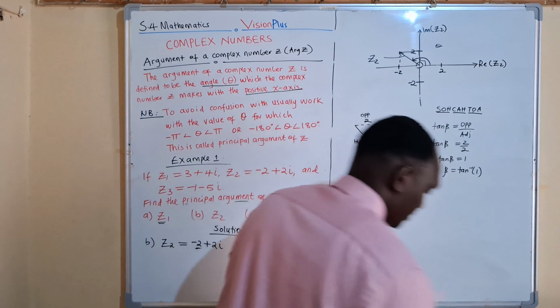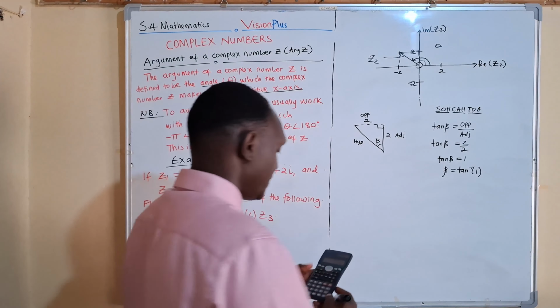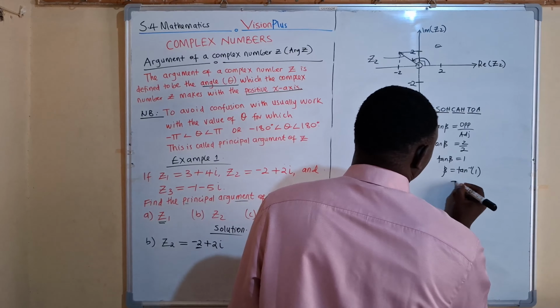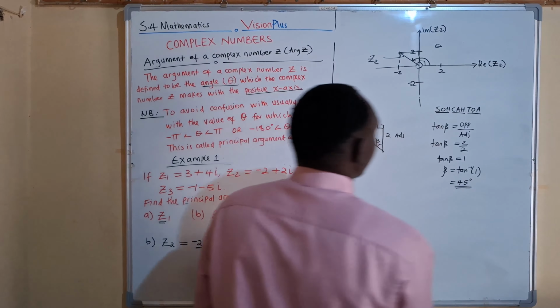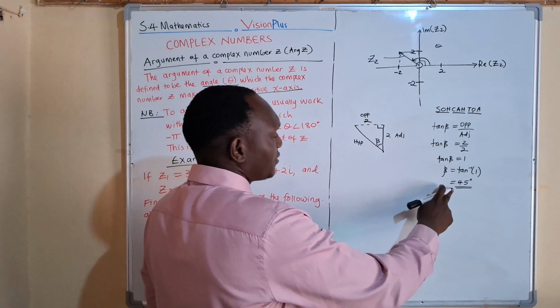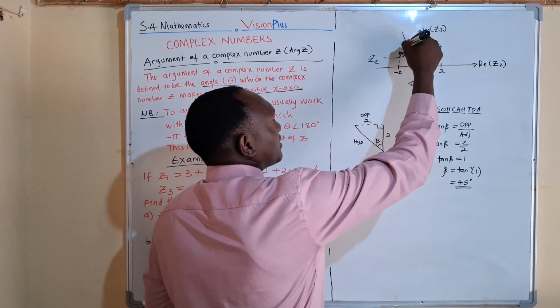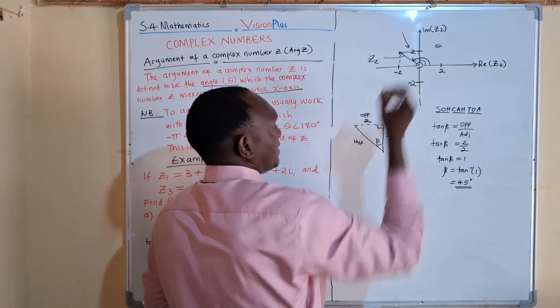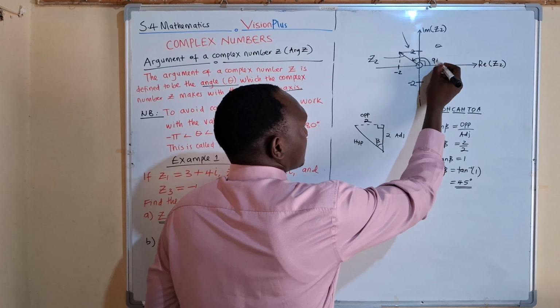Then you press your calculator. Press shift tan. It gives you tan inverse of 1. It is 45 degrees. Remember, the 45 that we are getting is only for this small section of the angle. And we say this side is 90 degrees.